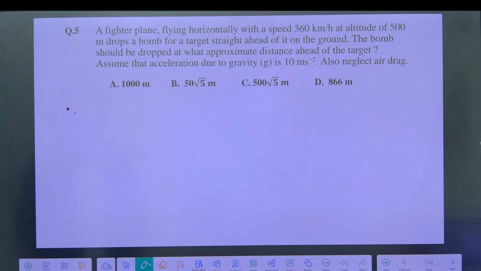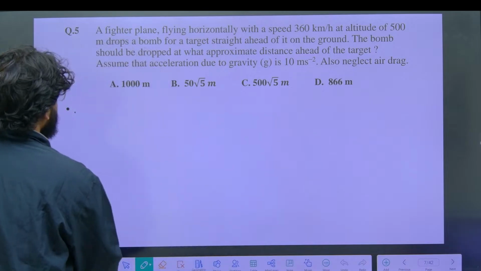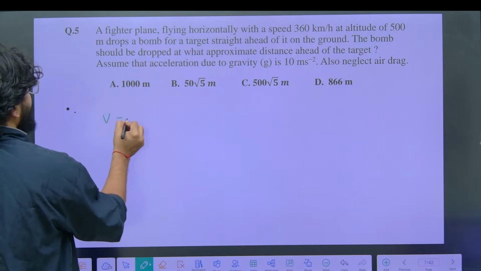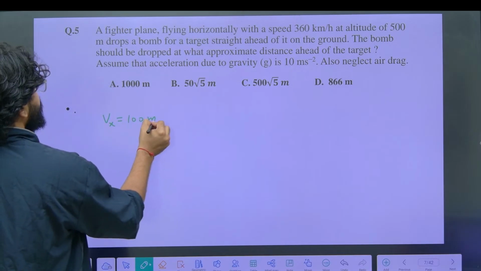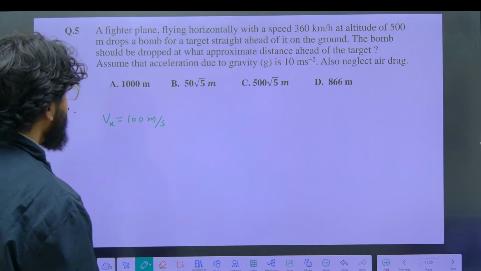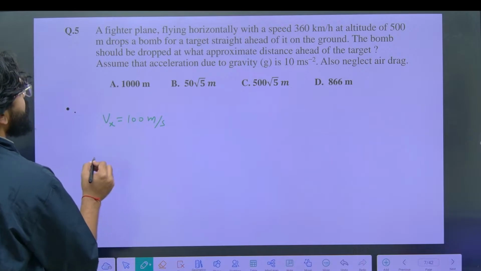Question number 5. A fighter plane flying horizontally with a speed of 360 kilometer per hour. So velocity in the x direction is 100 meter per second. At an altitude of 500 meter it drops a bomb.